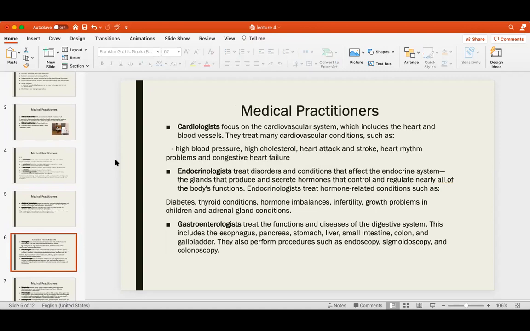Cardiologists focus on the cardiovascular system, which includes the heart and the blood vessels. They treat many cardiovascular conditions such as high blood pressure, high cholesterol, heart attack and stroke, heart rhythm problems, and congestive heart failure.